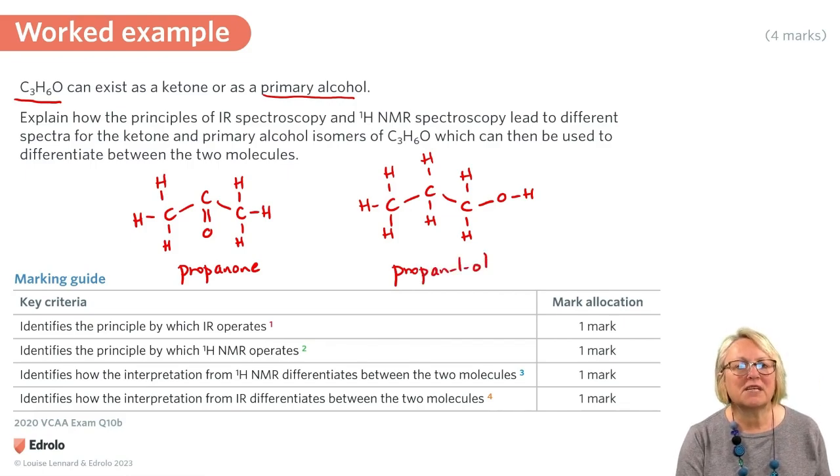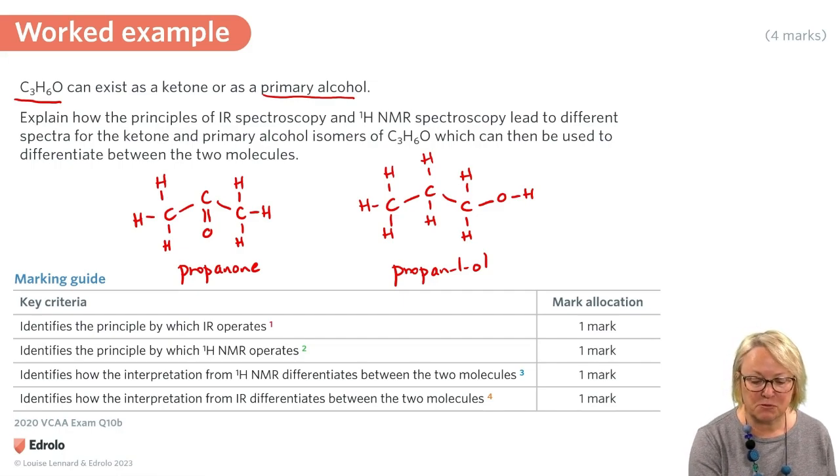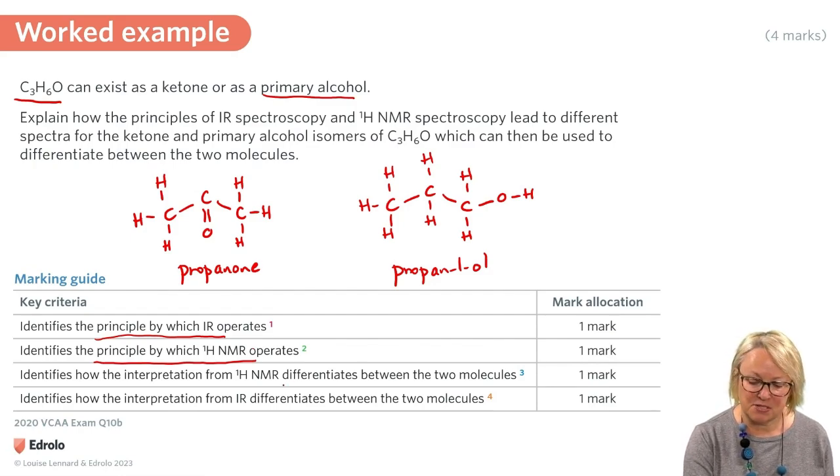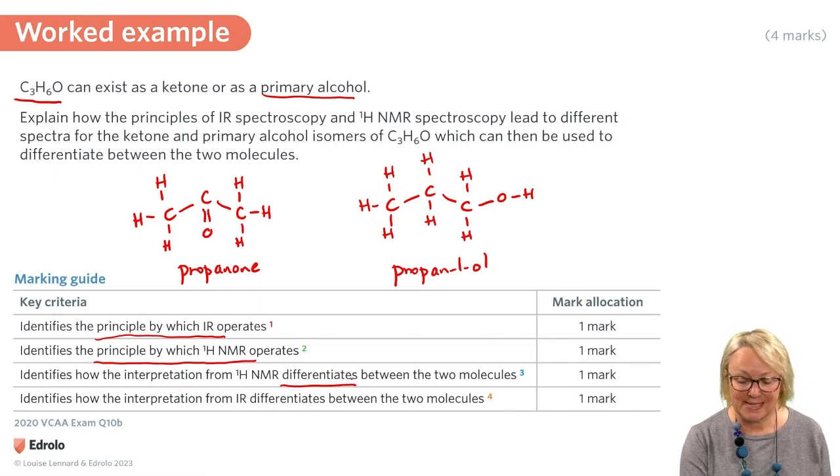So there's many different ways of answering this question. And if you're interested, you can go to the examiner's report for this question, 2020, and see all the acceptable answers that VCAA accepted. But we're looking for a principle by which IR operates, a principle by which proton NMR operates, and then an example of how we can use the proton NMR to differentiate between the two molecules and the infrared spectrum to differentiate between the two molecules.